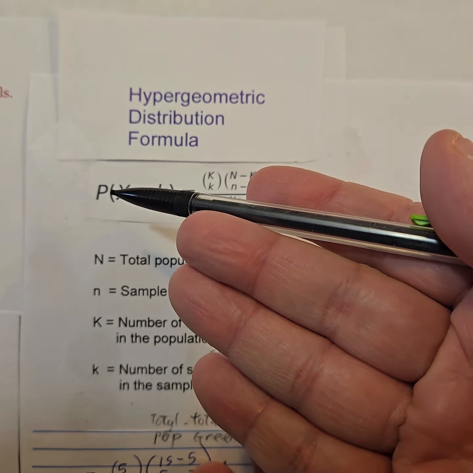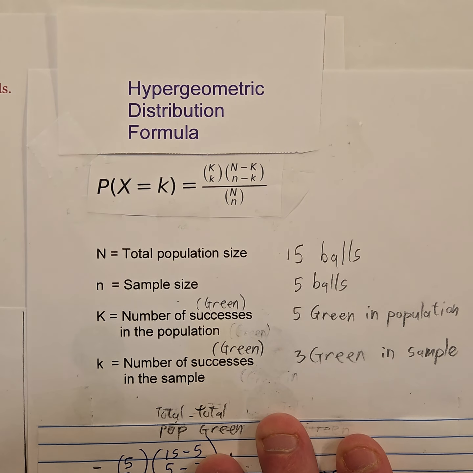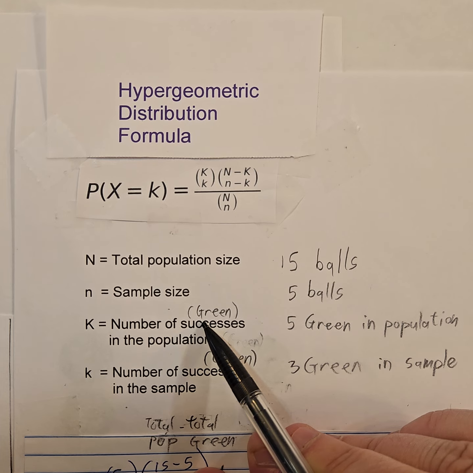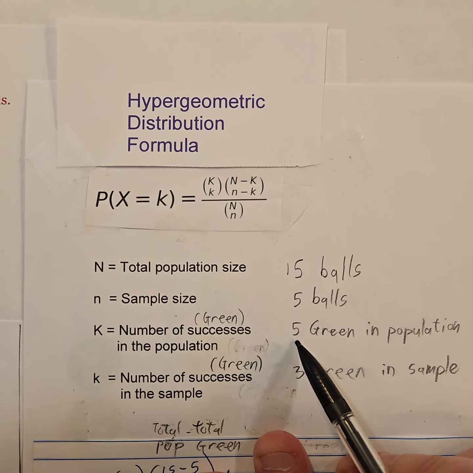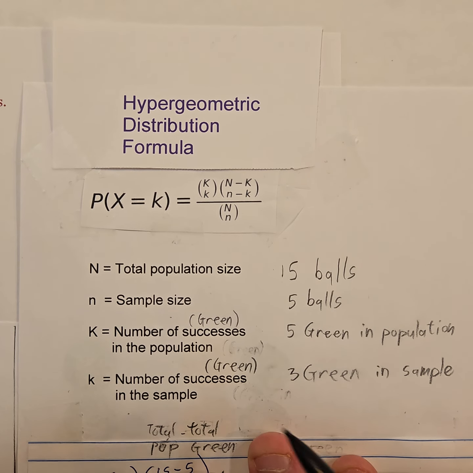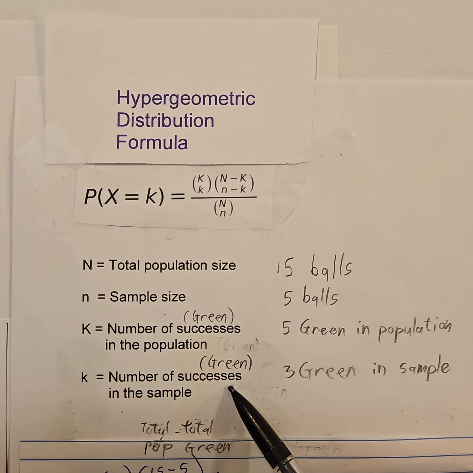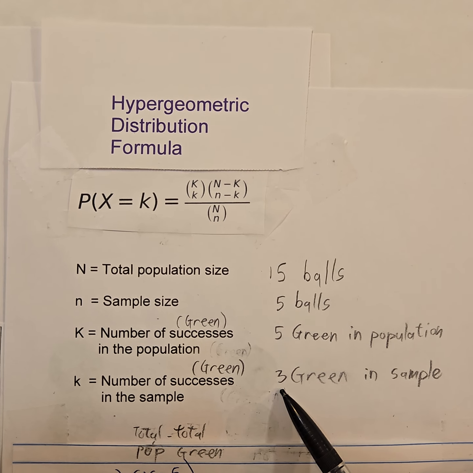Here we're dealing with balls, but another question could be dealing with coins, or marbles. So in this question, success refers to a green. There are 5 greens in the entire population. And the little k is the number of successes in the sample. There'll be 3 greens in the sample.